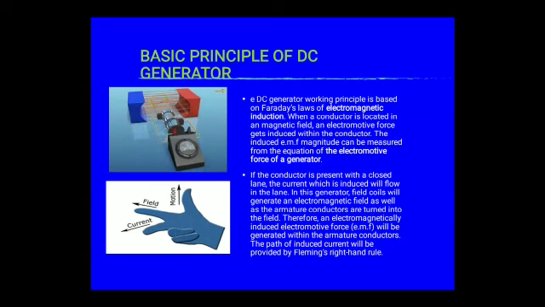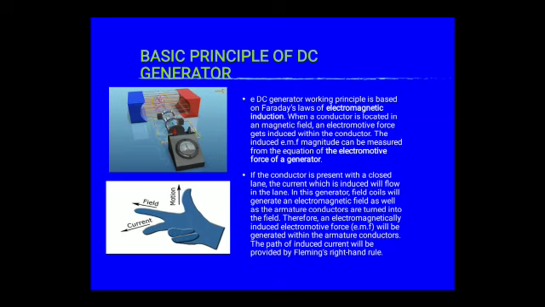Now, from the above GIF, we can also discuss the working principle of the DC generator. Here you can see two poles are present, one colored red, another blue.